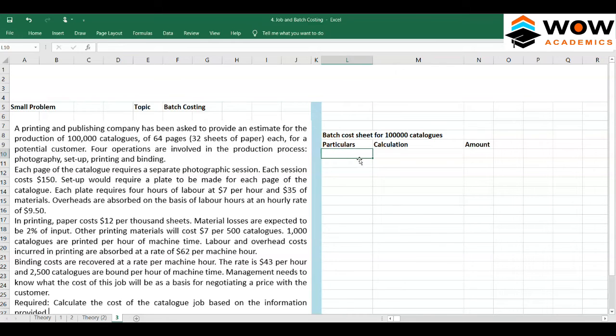So we'll start from each cost. It's going to be photography.